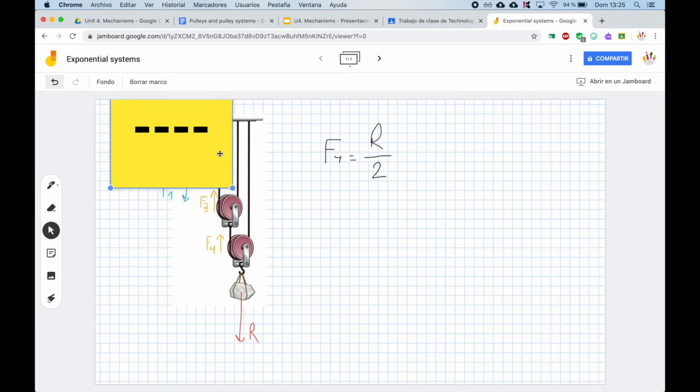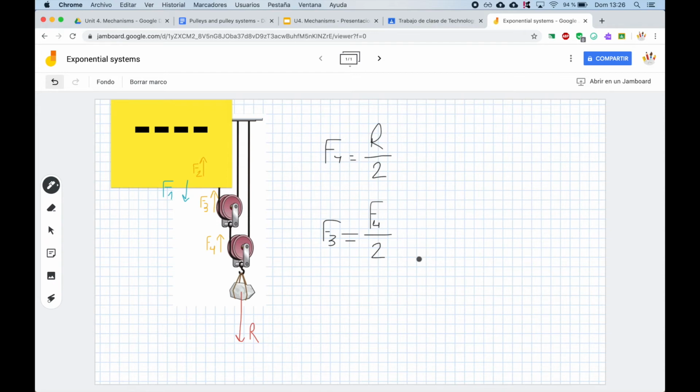Let's see F3. F3 has to pull this system, and the tension that we have here is F4. So what do we have now? That F3 is going to be F4 divided by 2, because this is again a movable pulley.